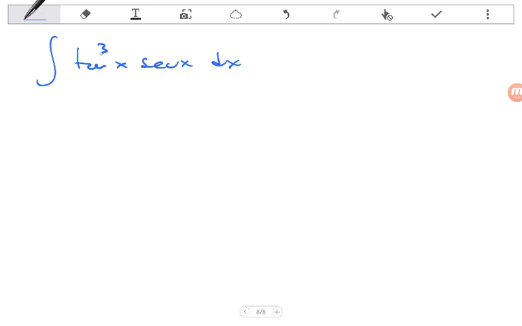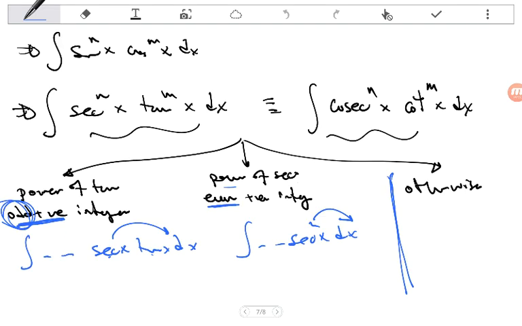Whenever I find either of these, I treat it this way. For the odd power of the tan, I take sec tan. If I have an even power for the sec, I take sec squared.